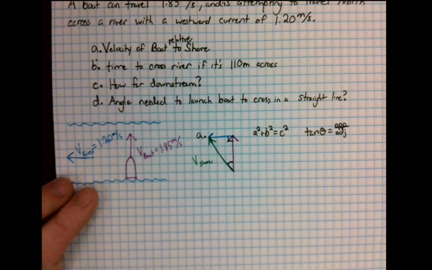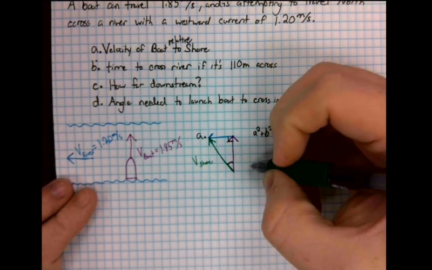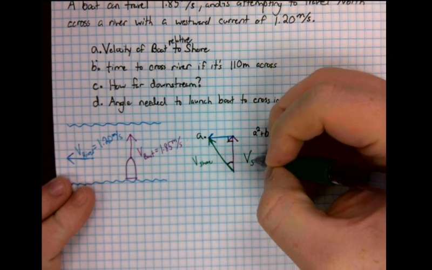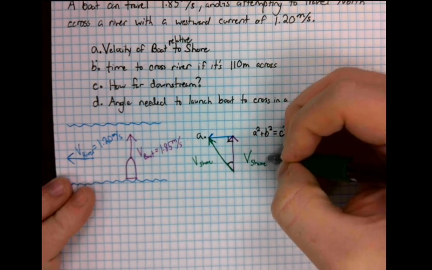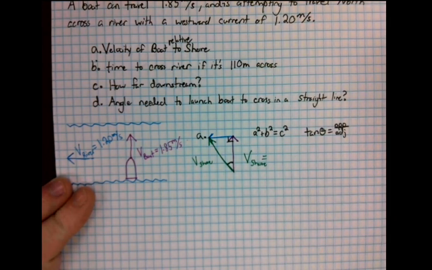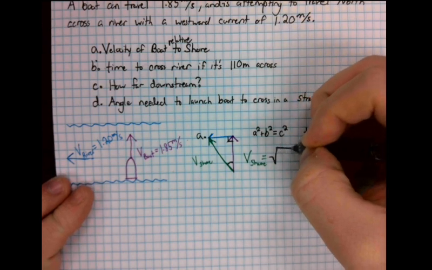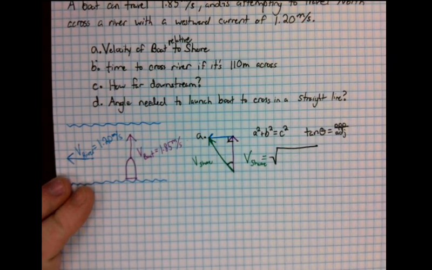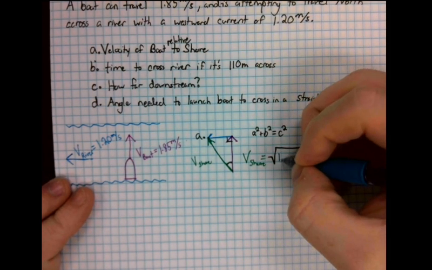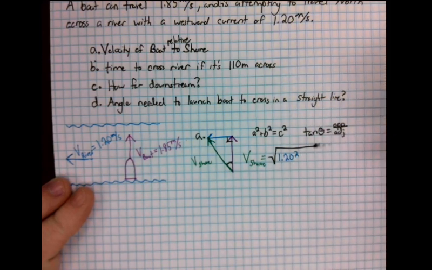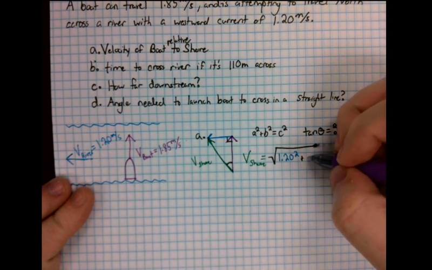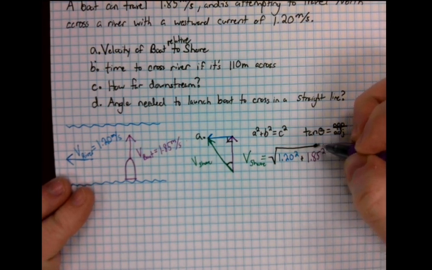So our velocity relative to the shore is going to be equal to the square root of 1.20 squared plus 1.85 squared.